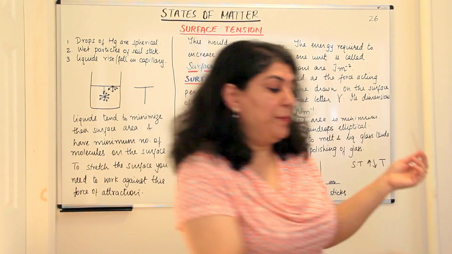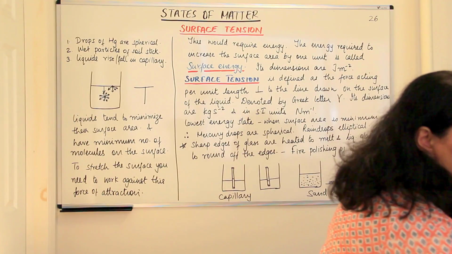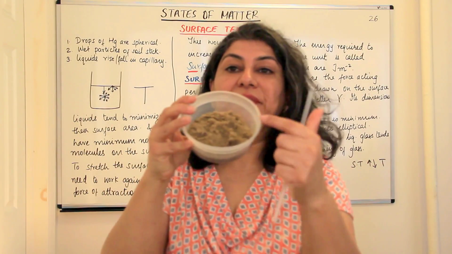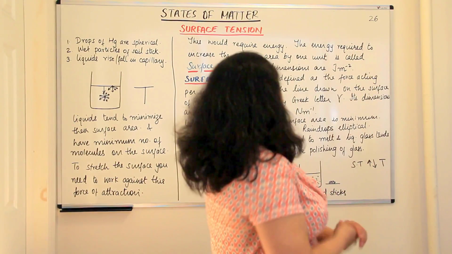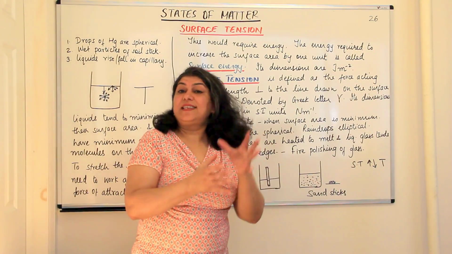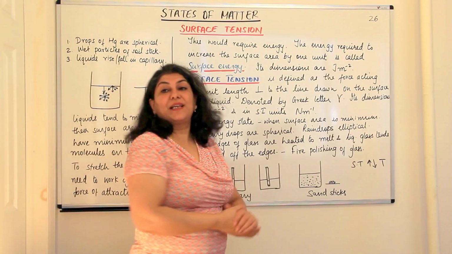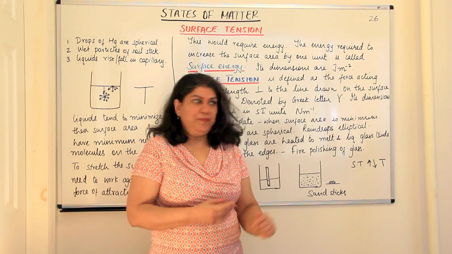But when I took them out and I had wet sand, it remained stuck together. So this shows that sand sticks when it is wet. All of this can be explained on the basis of surface tension.